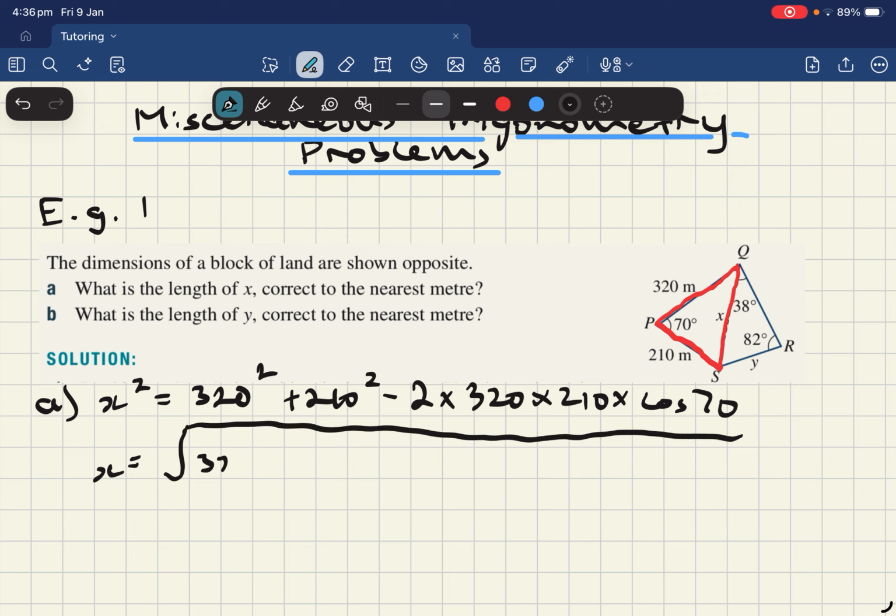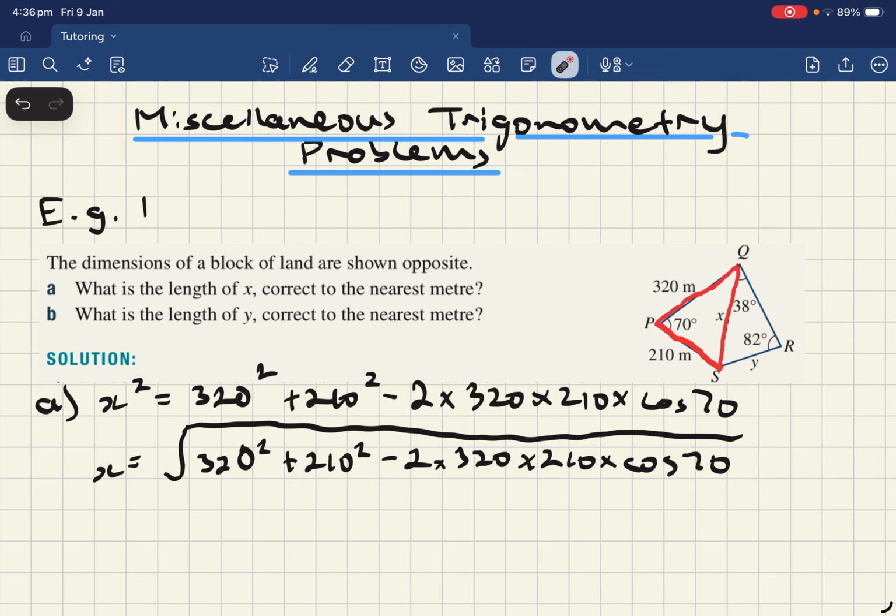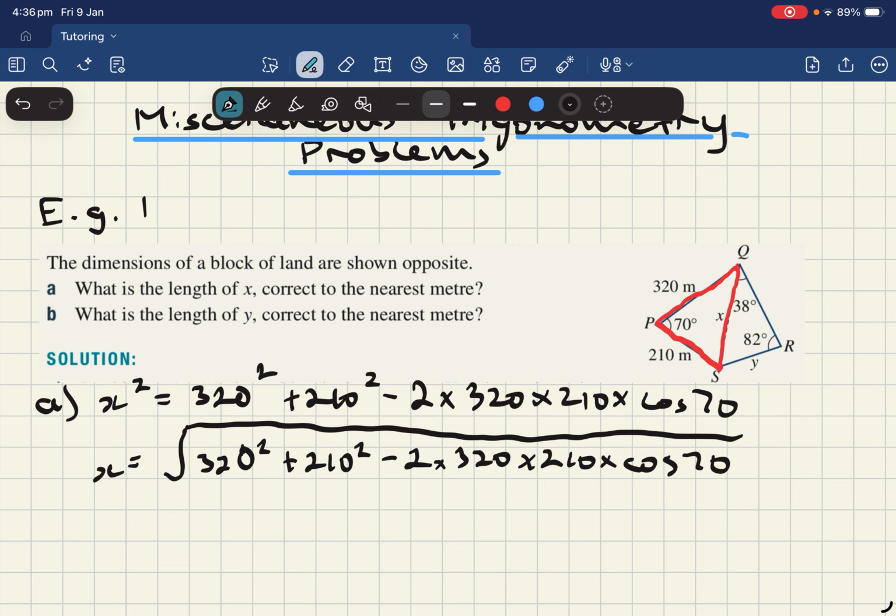So I'll go 320 squared plus 210 squared minus 2 times 320 times 210 times cos of 70. Now, if you want to go straight into this step, that's fine, just as long as you made some reference to the fact that you are using cosine rule here.